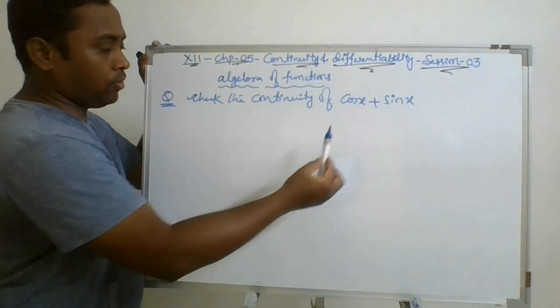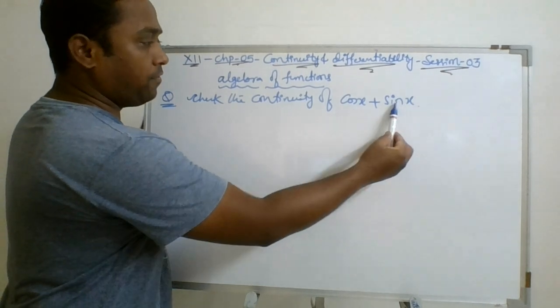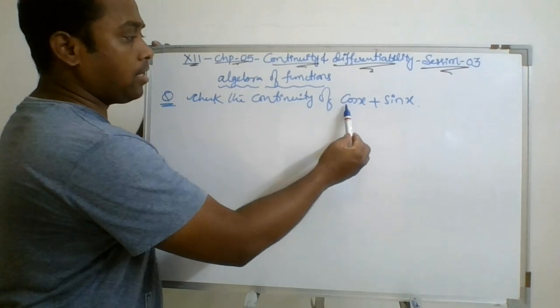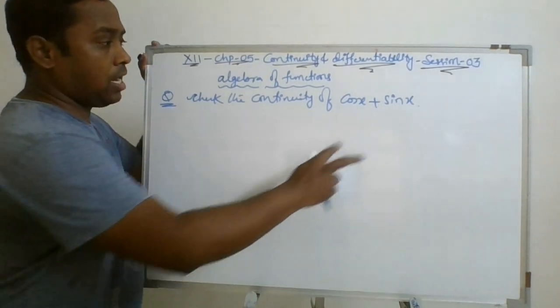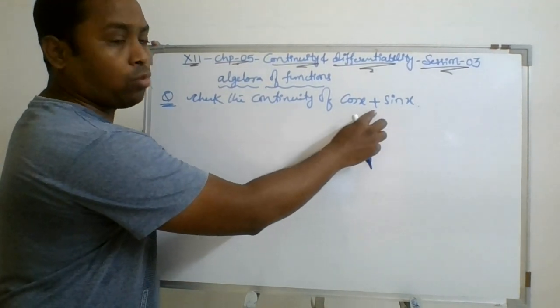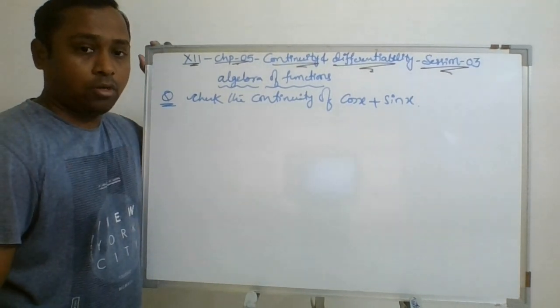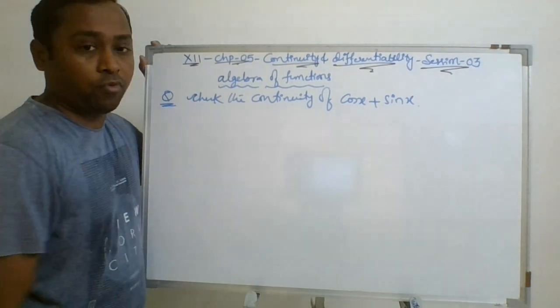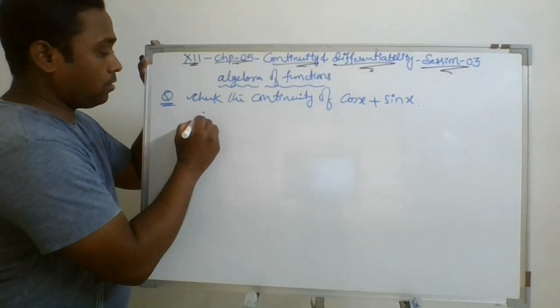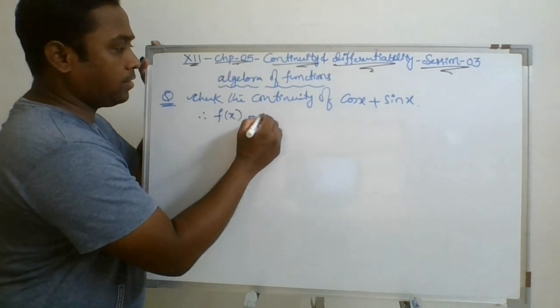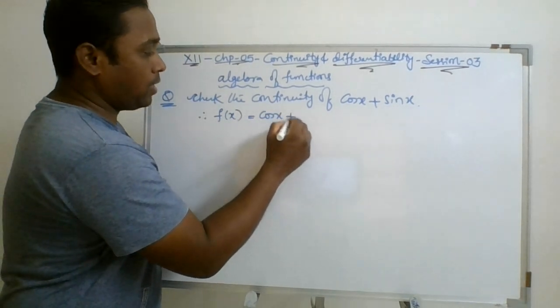So when you observe this, these are two different functions. Though they are trigonometric functions, they are two different functions related by a plus sign. Hence it is called algebra of two functions or addition of two functions. So first we'll assume let f of x be equal to cos x plus sin x.